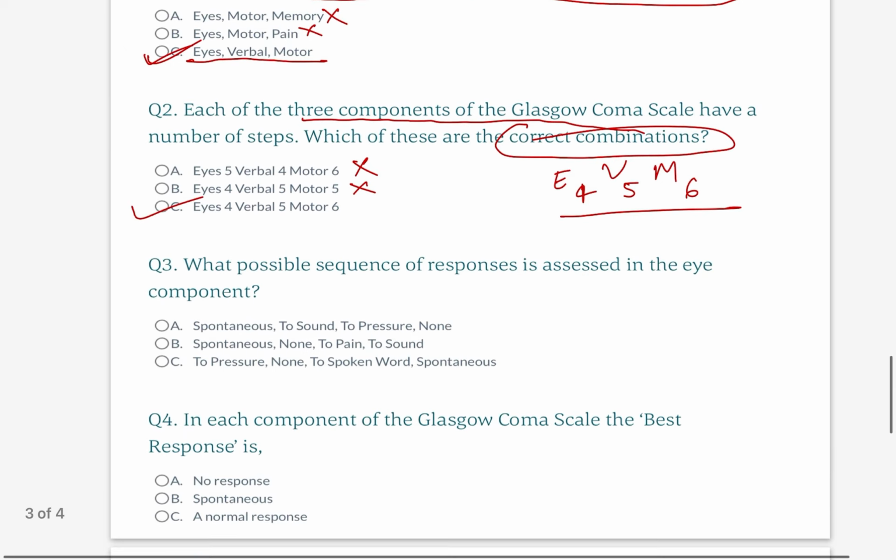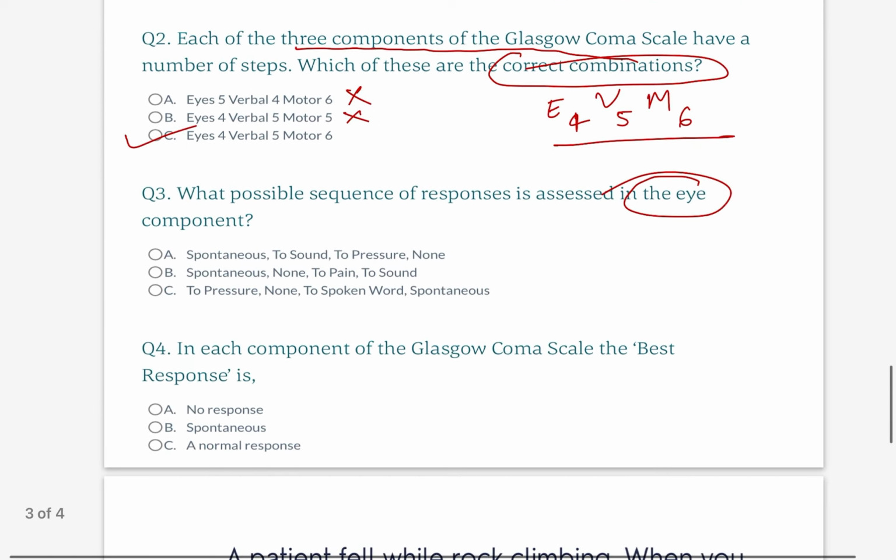So easy. What possible sequence of responses is assessed in the eye component? He is asking only about the eye, not verbal, not motor. In the eyes there are four components, right? So he is asking about those four components.